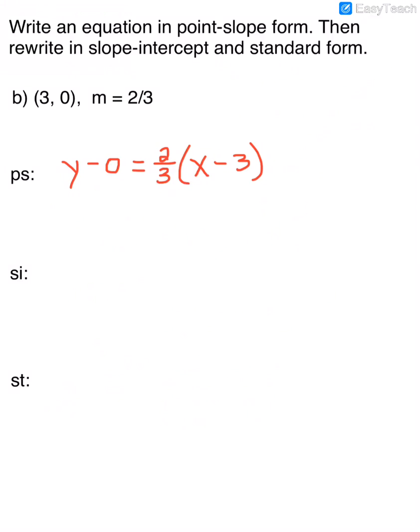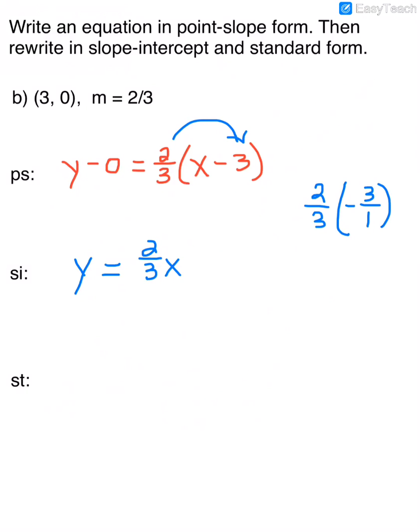So I just have y equals, I'm going to distribute the 2/3. So I have 2/3 x. And then when I multiply 2/3 times negative 3, let's go over here and see what happens. 2/3 times negative 3. Well, that's the same as negative 3 over 1.